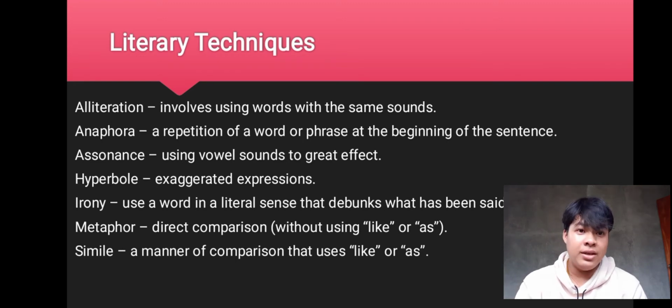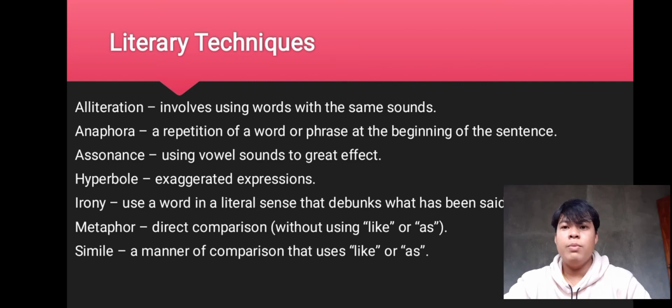Winner, winner, chicken dinner. If you are a gamer, you will probably be quite familiar with this phrase. As you can see, there's the letter I. The vowel sound in win is I, and also in chicken, like chi, there's also the vowel letter I. And also in dinner.